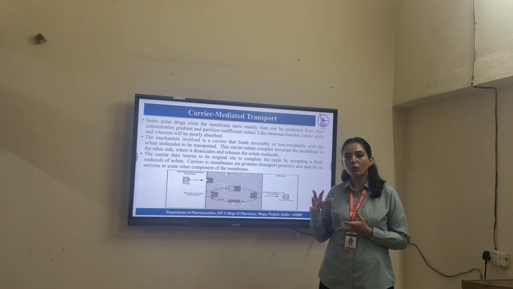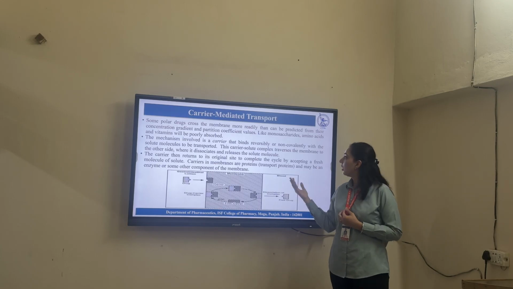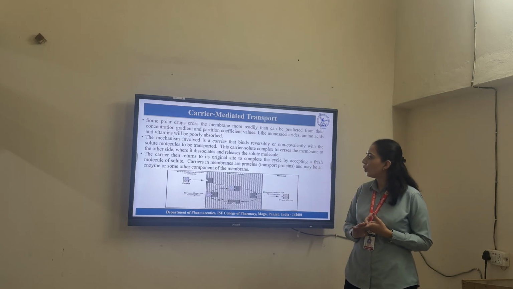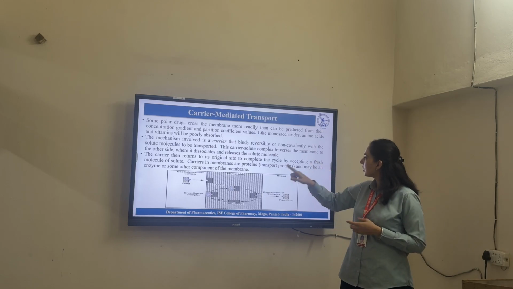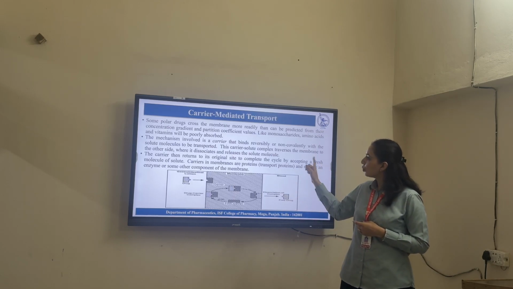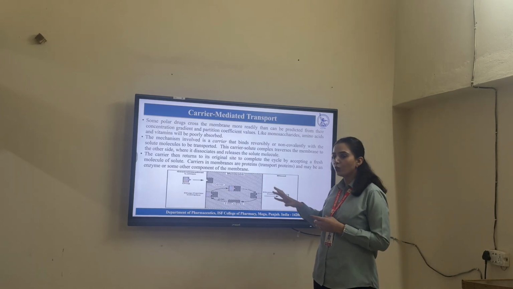The mechanism involves carriers that might bind reversibly or non-covalently with the solute molecules to be transported. This carrier-solute complex traverses the membrane to the other side, where it dissociates and releases the solute molecule.